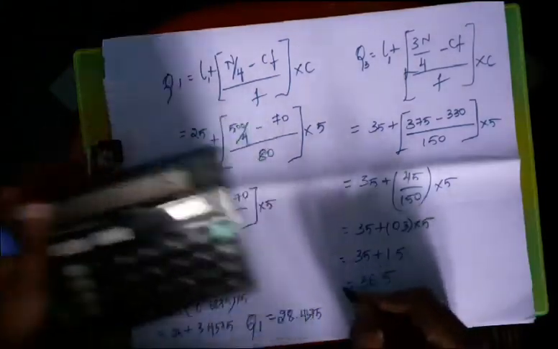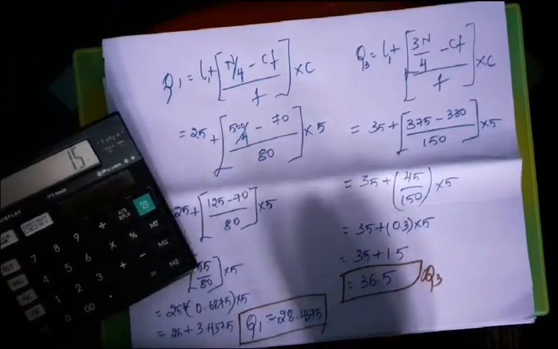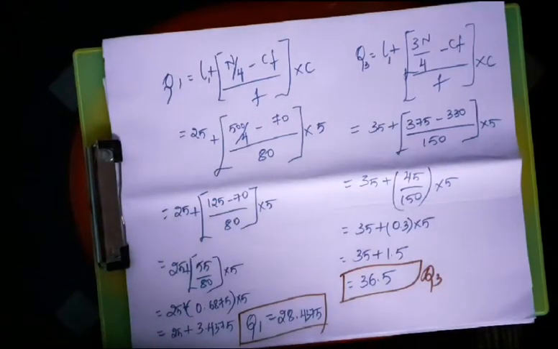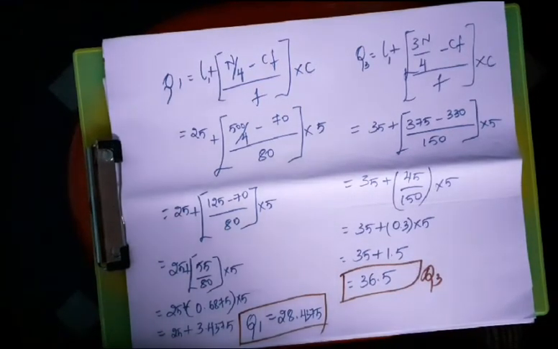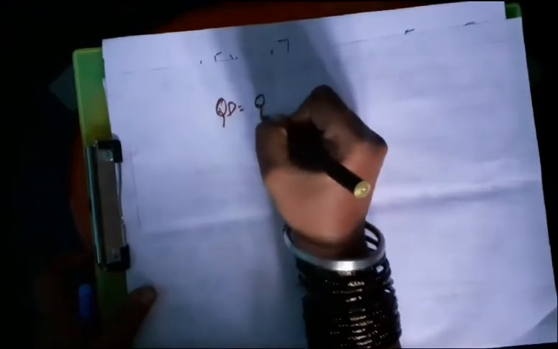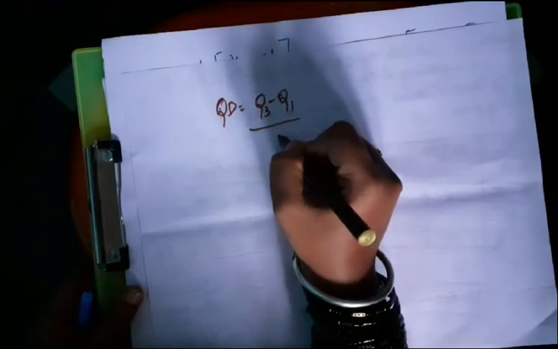So this is the Q3 value and this is the Q1 value: Q1 is 28.4375 and Q3 is 36.5. After this, you know how to calculate quartile deviation as well as coefficient of quartile deviation. The formula for quartile deviation is Q3 minus Q1 divided by 2.